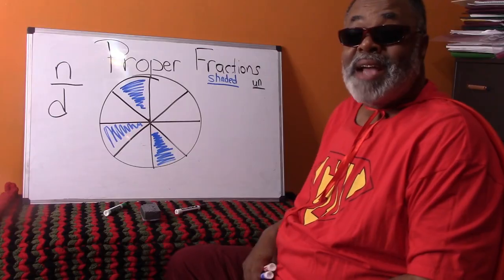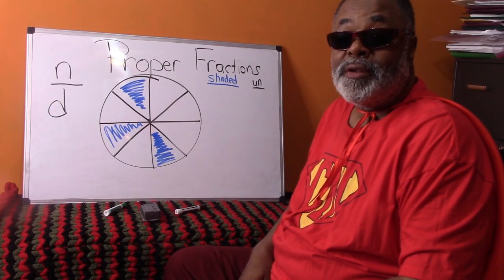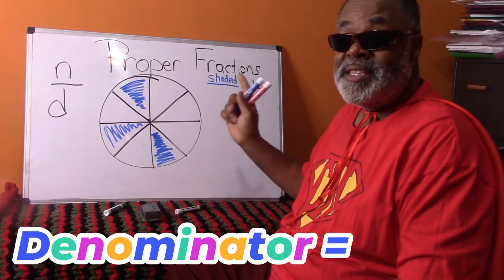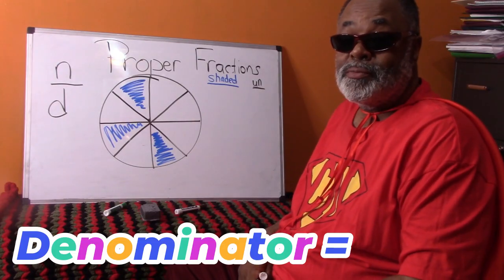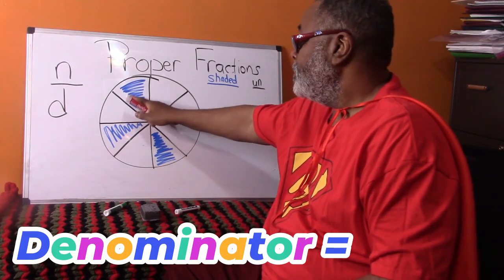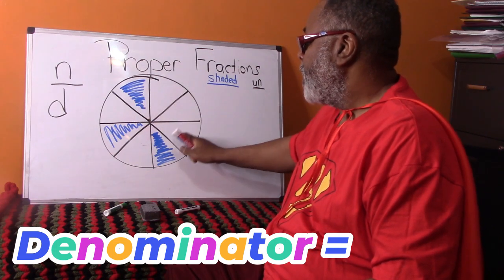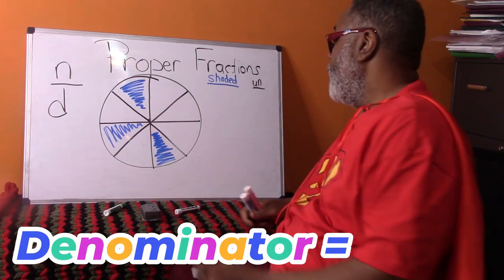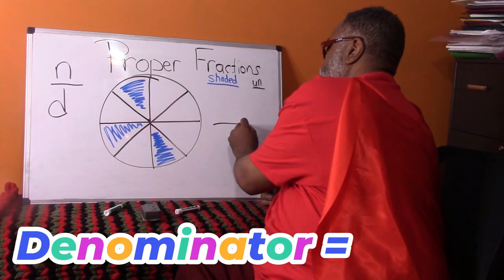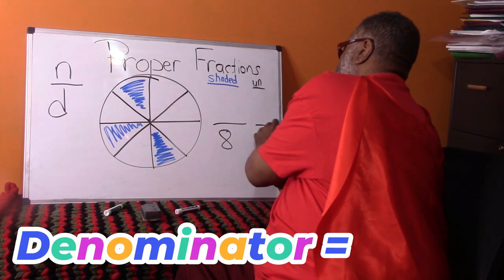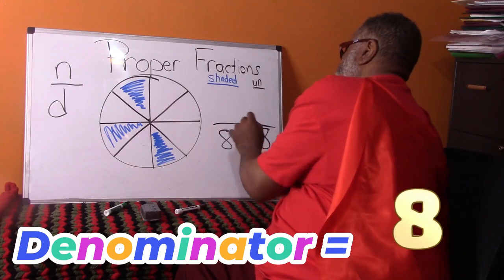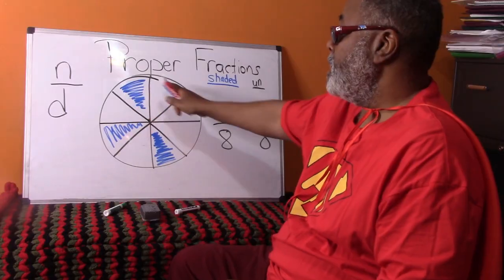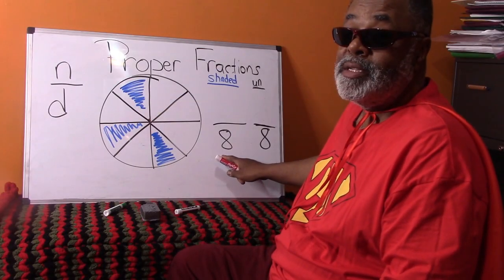So let's identify the numerator and the denominator. How many equal parts is this circle cut into? Let's count. 1, 2, 3, 4, 5, 6, 7, 8. So we know now that the denominator for both of these is 8, because it is cut into 8 equal sections. That's what a denominator does.